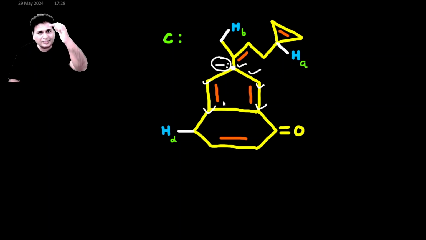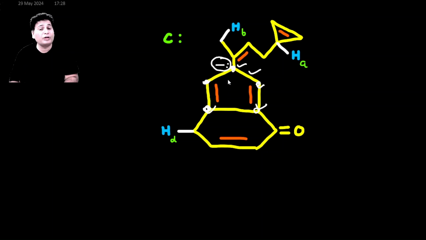So there is a cyclic, flat part, where a cyclic conjugation, you can see minus, single, double, single, double. So this cyclic conjugation includes all the 5 carbons of this ring.